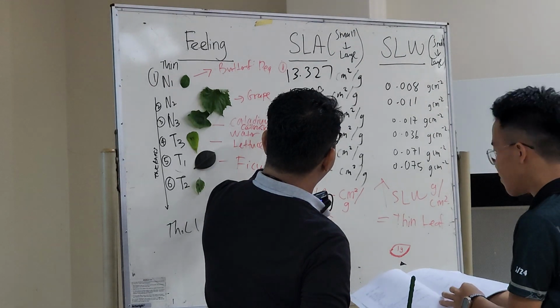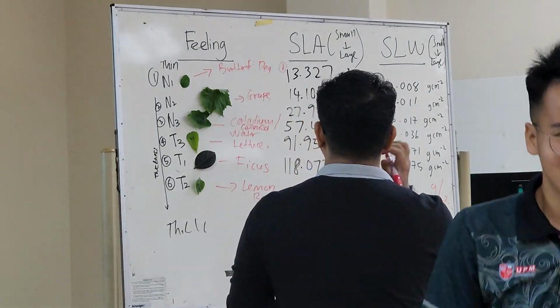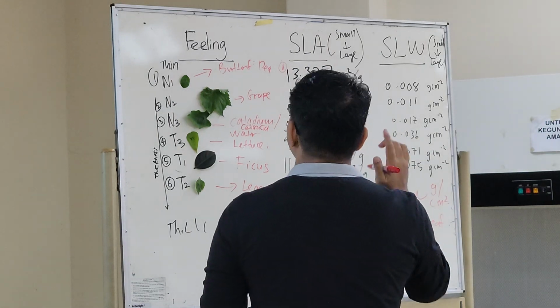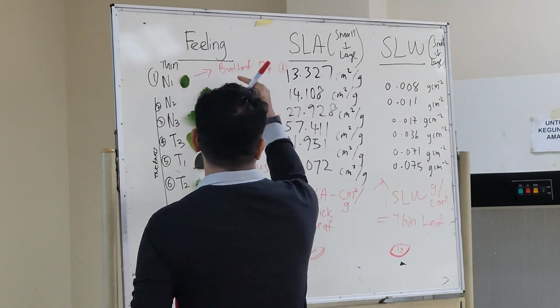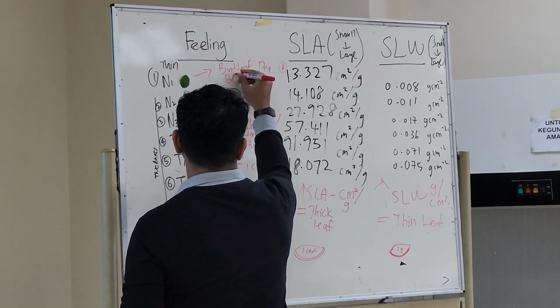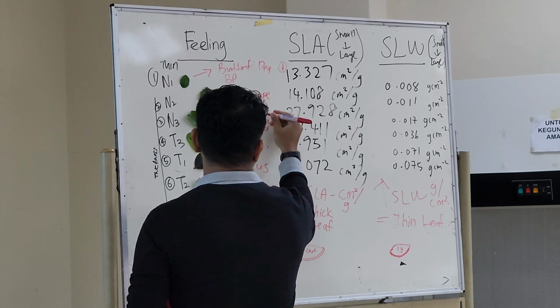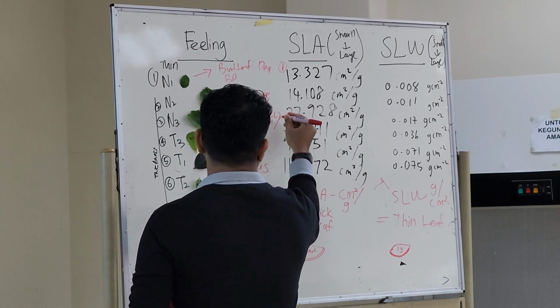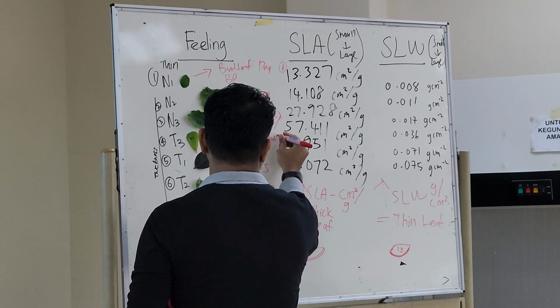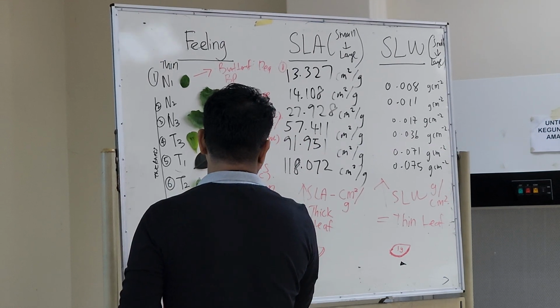Because this is random. From the smallest, okay. In that case, let's give abbreviations for this. So N1 is BP, this is GP, this is CL, colocasia, this is water lettuce, this is ficus FC, this is lemon balm LB.